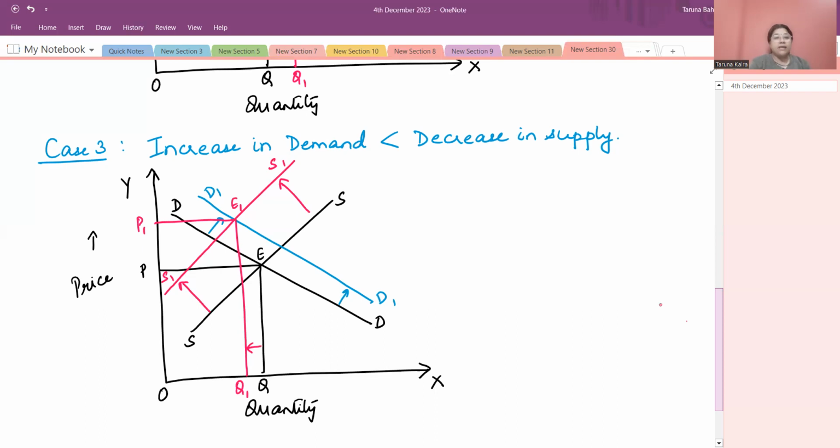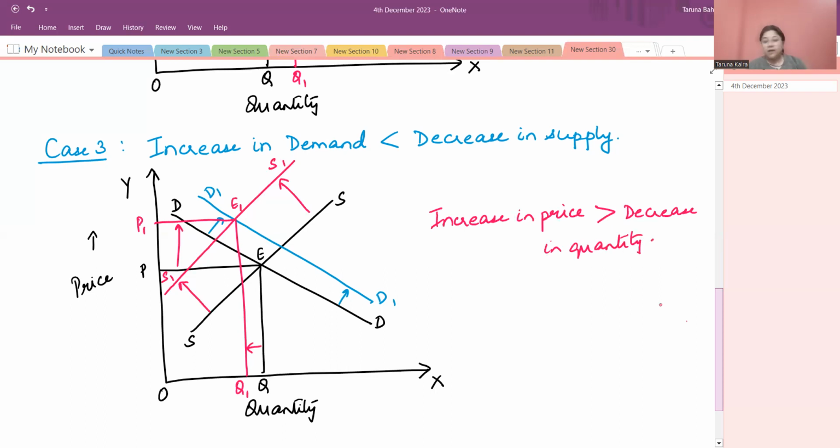OQ1. Now see that the increase in equilibrium price is greater than the decrease in quantity demanded and supplied.